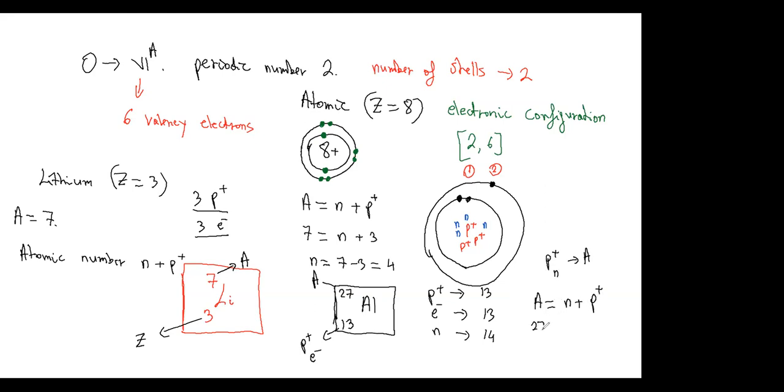So 27 is equal to number of protons, which is 13, plus number of neutrons. 27 minus 13 gives the number of neutrons. So 14 is the number of neutrons in our case. I hope you understood that.